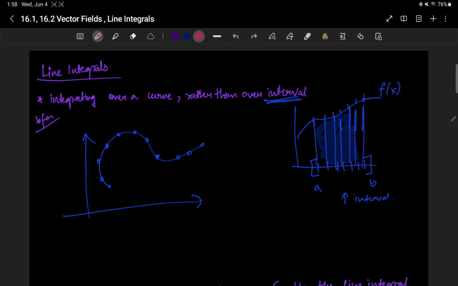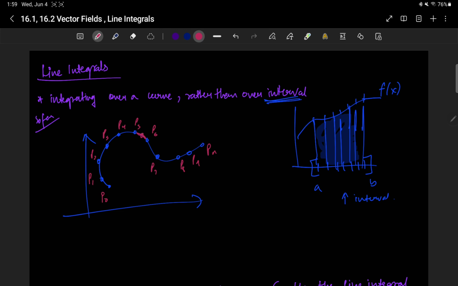We're adding up arrows, and these arrows can be oriented along any given curve. It doesn't have to be a straight line, it doesn't have to be an interval, but we can break it down in the same manner by choosing a bunch of points, which of course we will let go to infinity, and the basic idea remains the same.